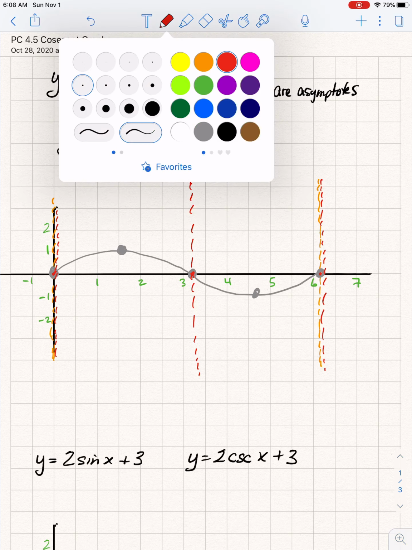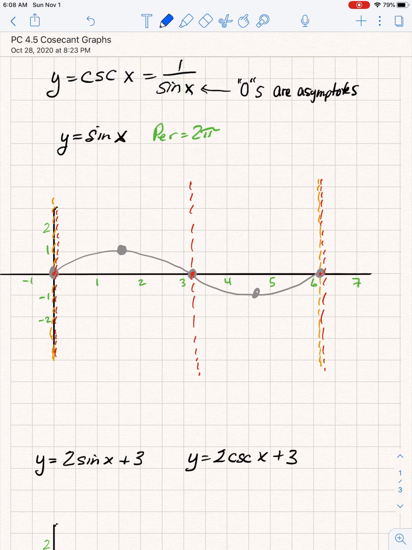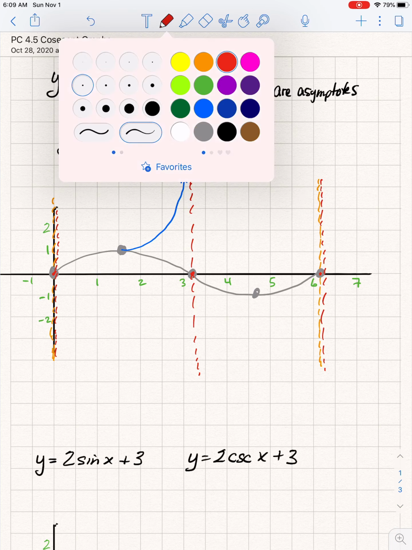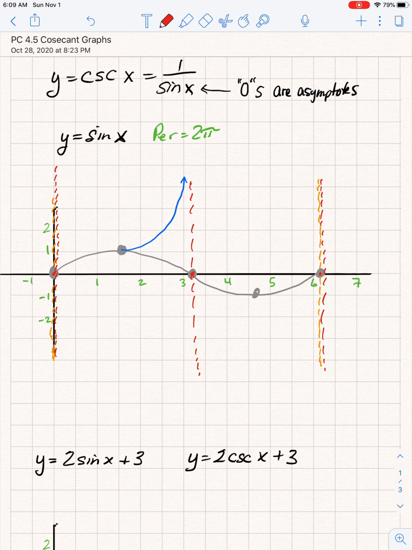Then to draw your cosecant graph, it's the reciprocal of the sine. So here we flip over our sine graph, and then we go this way.